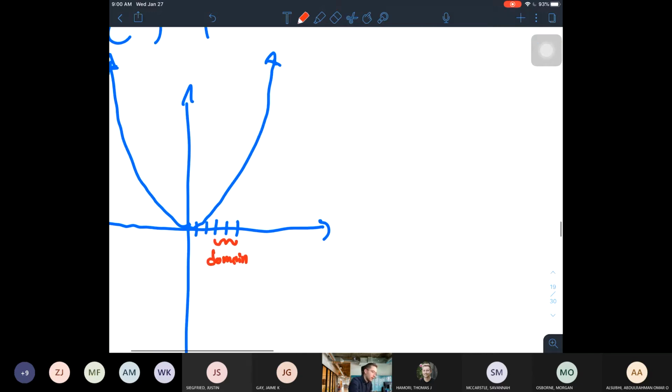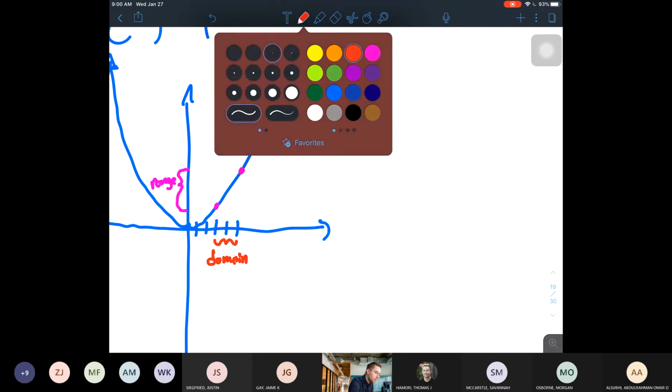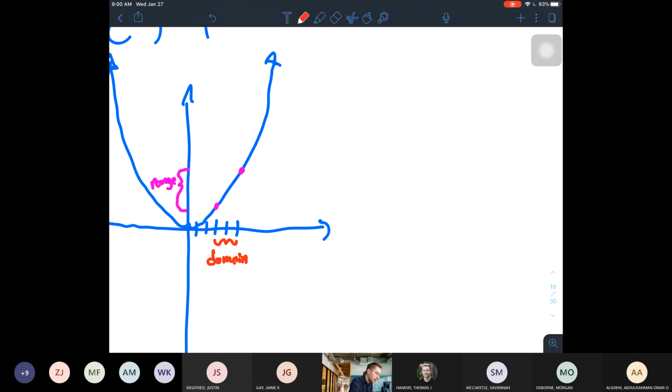Now remember, these are the endpoints here. Our range is going to be the set of y values which are possibly given by points in the domain. Okay, so we're just going to look at this one section of the parabola between these two goalposts.